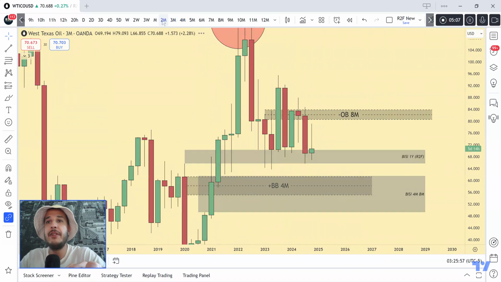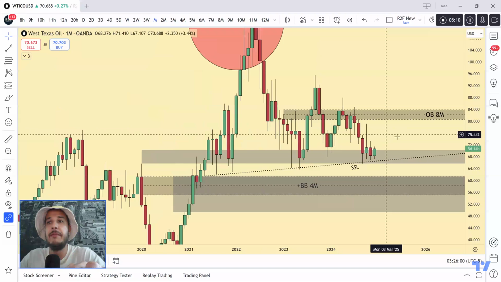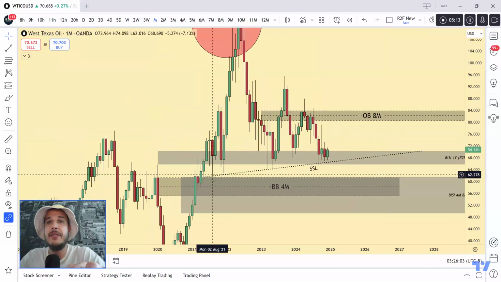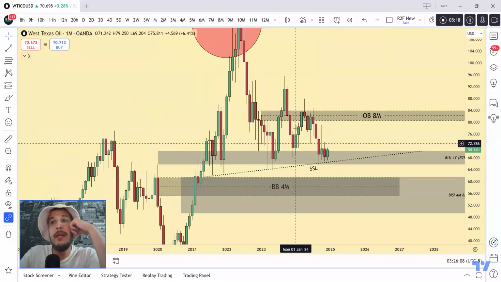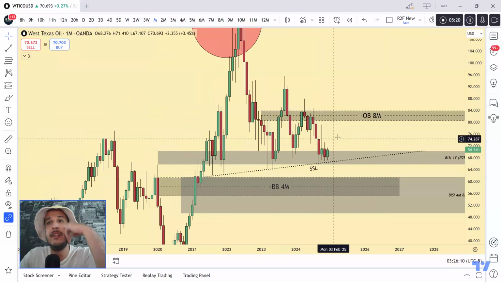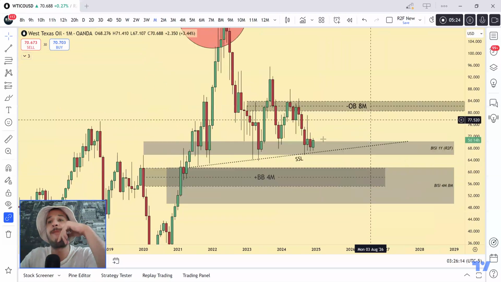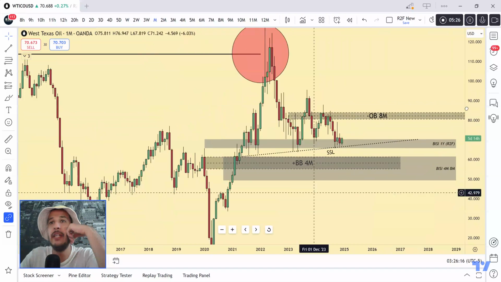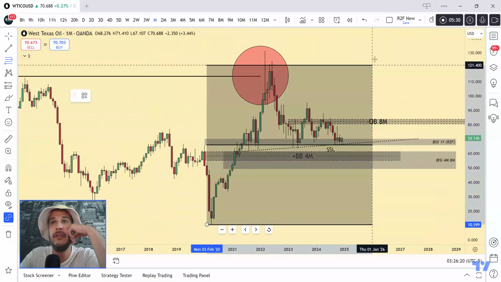3 months, 2 months, 1 month. Now we can more clearly see how many times price is playing with this trend line. Pop, pop, pop, pop, pop. Coming down, coming down. It keeps on teasing us. And we're not even at equilibrium of this range yet, not even at the fair value.